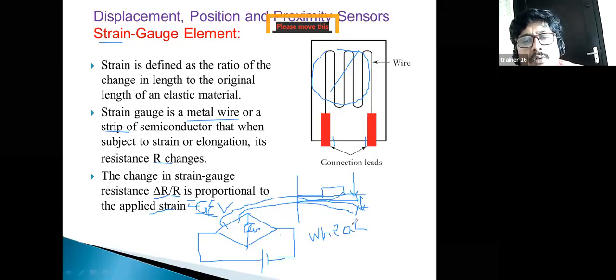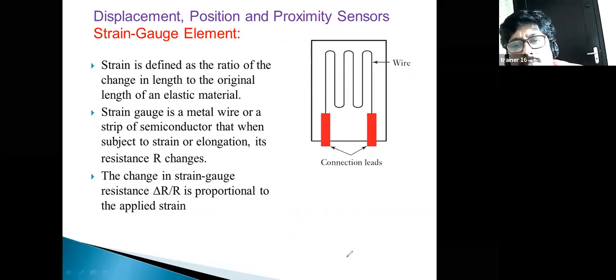Wheatstone Bridge. Are you clear? Number 306, lateral entry. Okay, Wheatstone Bridge.